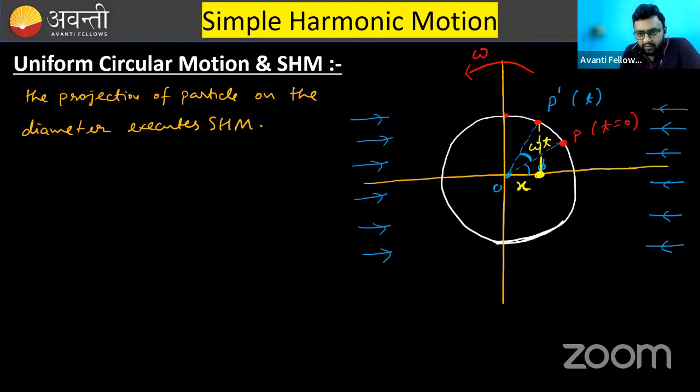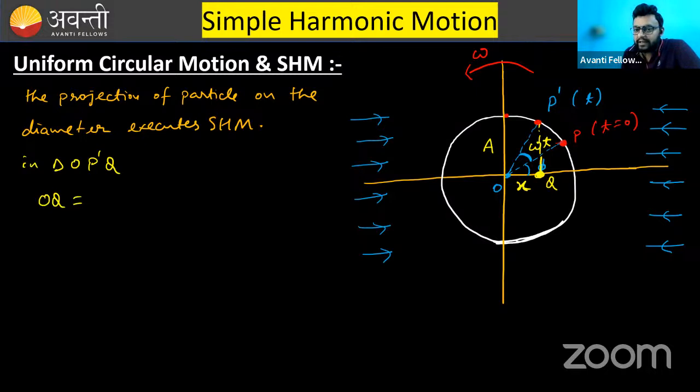Then I will say in this triangle O, P dash, and let's suppose this point is Q. In triangle O P dash Q, clear? Let's suppose the radius of the circle is A. So OQ will be what? OQ will be the base.